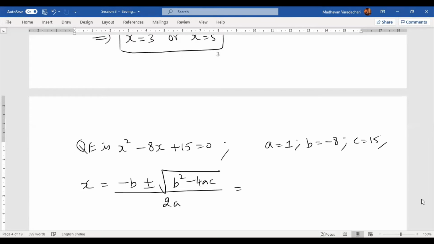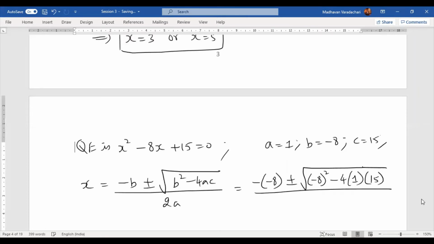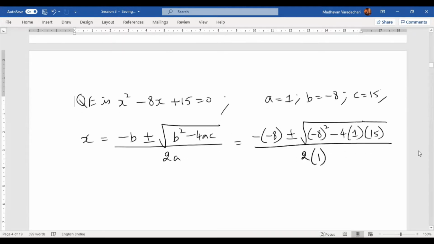Now substitute those. Minus b, minus of minus 8, plus or minus square root of b square, which is -8 the square, minus 4 times a, a is 1, and then c, c is 15, divided by 2 times a, 2 times 1. Now simplify this.